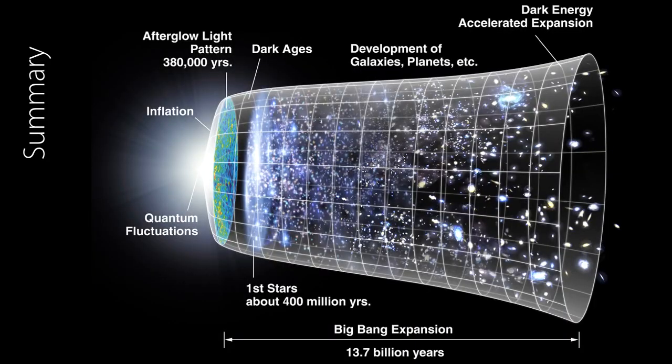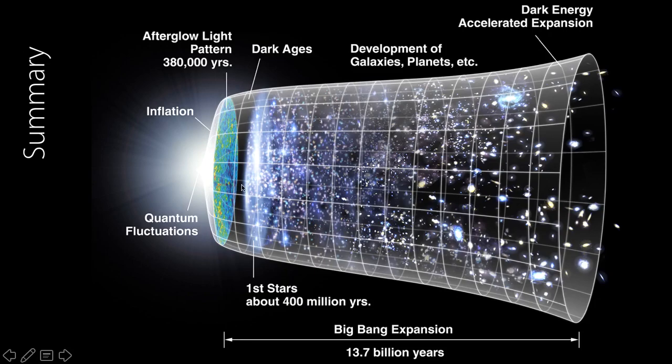This nice chart from the WMAP people describes our current picture of cosmology. First of all, there was a beginning, random quantum fluctuations or something like that. Then there was very rapid inflation, followed after 380,000 years by the universe finally becoming transparent. Anisotropies can be observed in this afterglow.